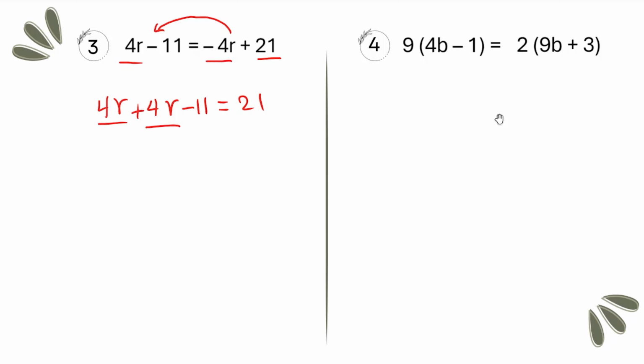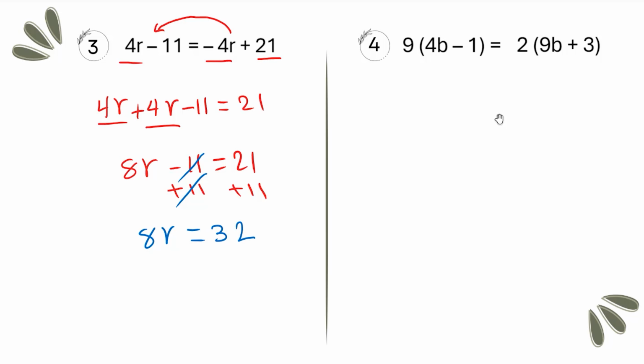Now 4r and 4r together will be 8r minus 11 equals 21. Now we need to cancel minus 11, so plus 11 on both sides. Then cancel this with this. Then we have 8r equals 21 plus 11, which is 32.